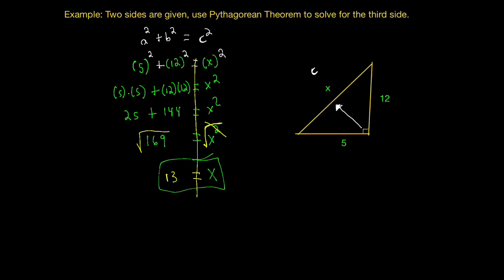Let's pretend that I would have called this one A, I would have called this one B. If we would have used the Pythagorean theorem, this time the substitution would have been 12 to the second power plus 5 to the second power equals x to the second power. And if you do the algebra, you're going to see that we get exactly the same result.